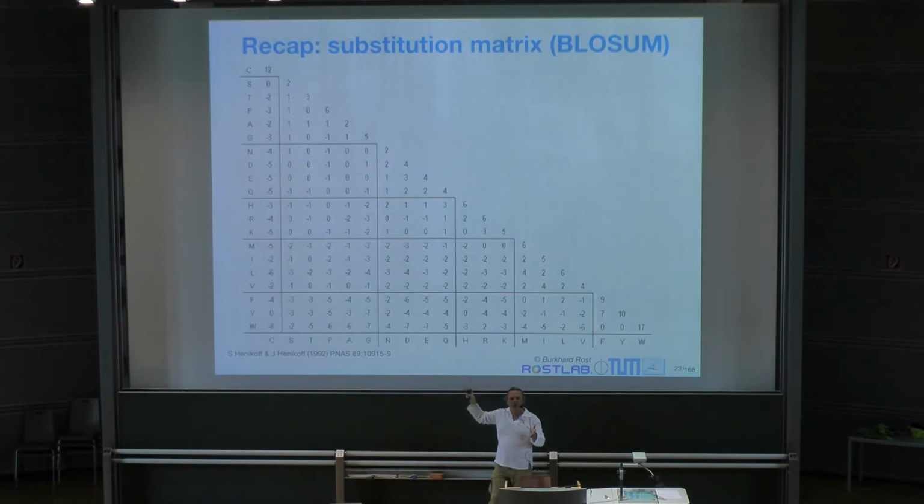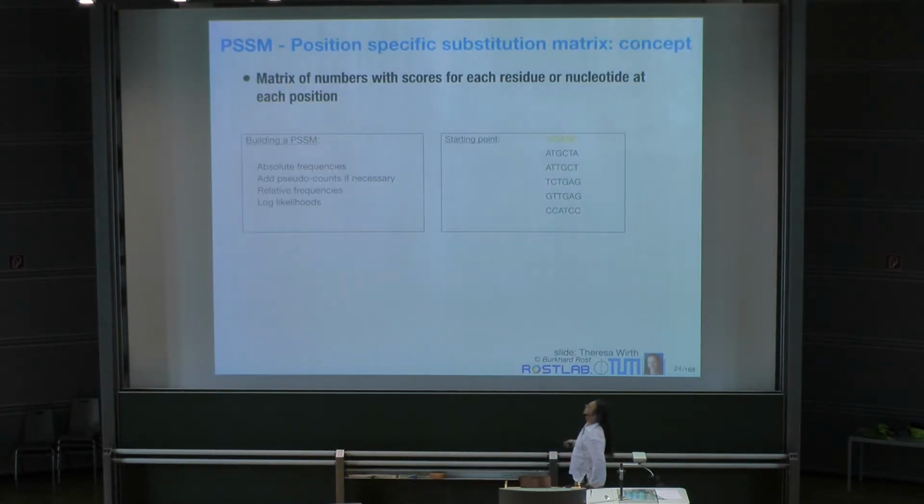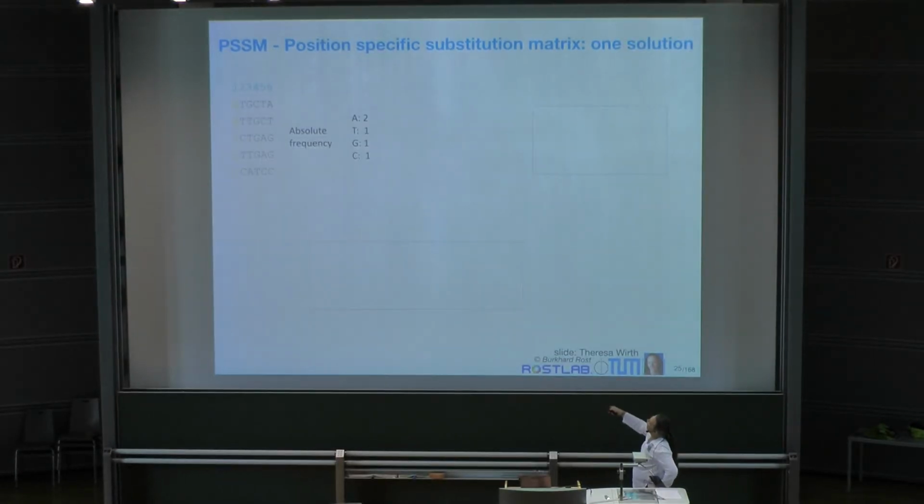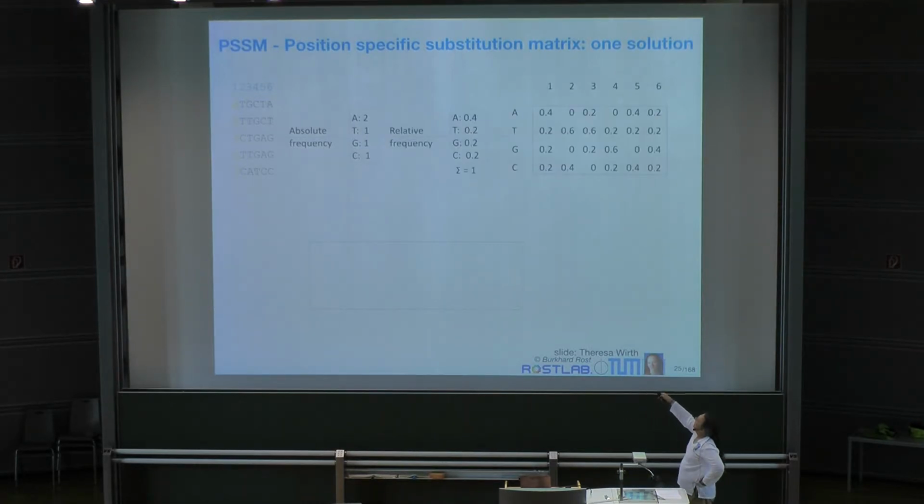Again, this is not a profile that is specific to that alignment that I showed you before, but a generic profile. In order to get a specific profile, a position-specific substitution matrix, you simply begin with, and this is again our transcription factor example here, you align a bunch of nucleotides, then you compile the relative frequency.